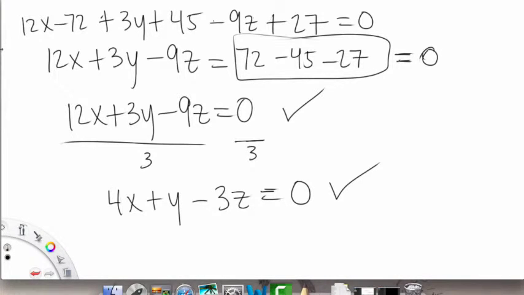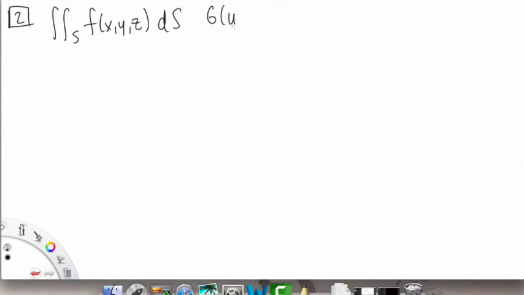And now I have another question on a surface integral. So, number 2, we're going to calculate the surface integral of a scalar function, some f of x, y, z, ds, and we're given the following parametrization.